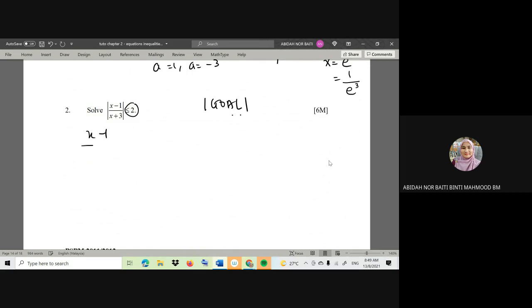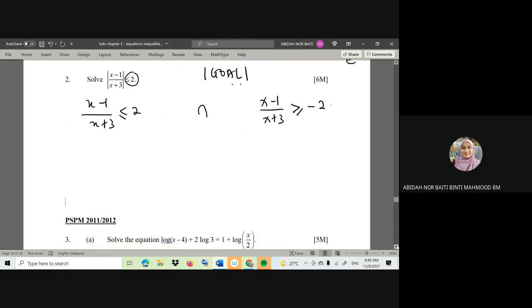So x minus 1, x plus 3, less positive 2. Less is n ya. N is intersection. X minus 1, x plus 3, greater equal negative 2. Okay, satu positif, satu negatif. Dan jangan lupa change the sign of inequality.